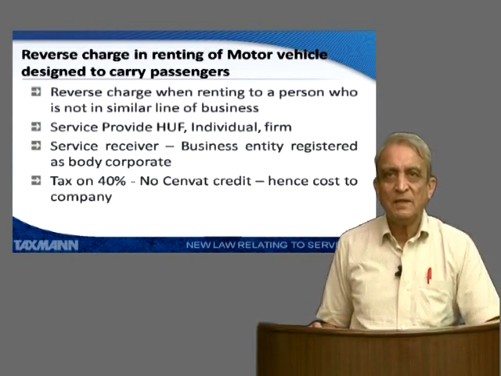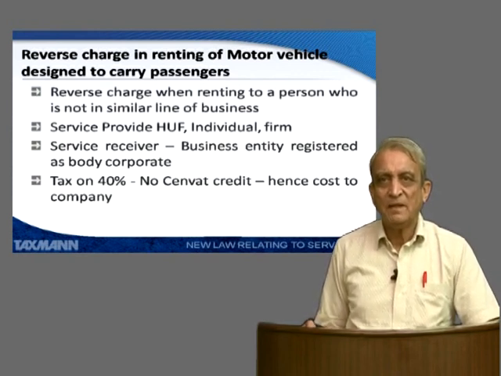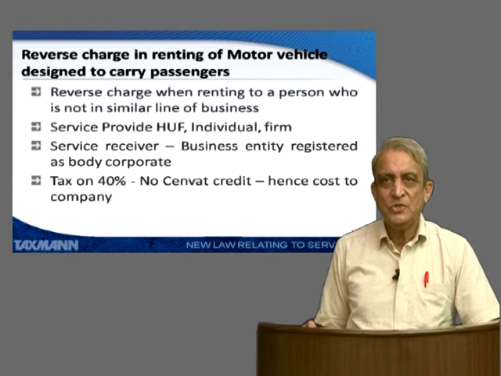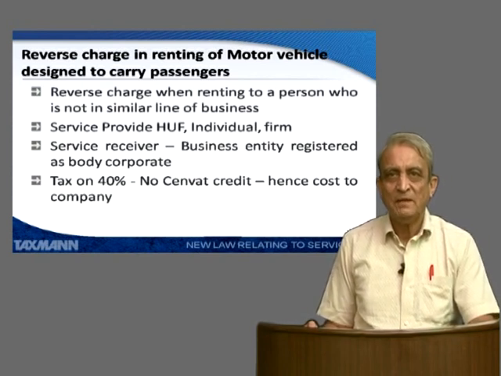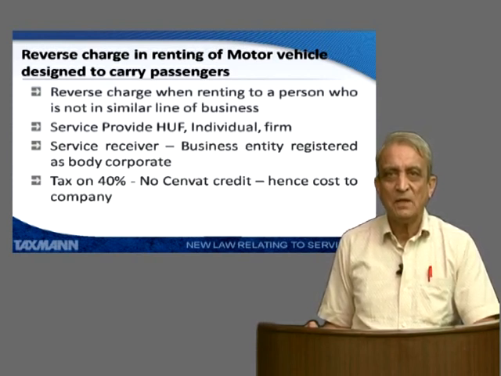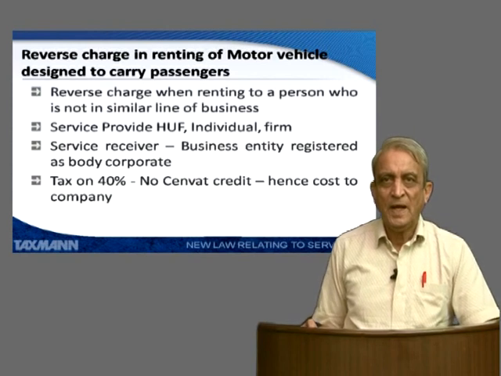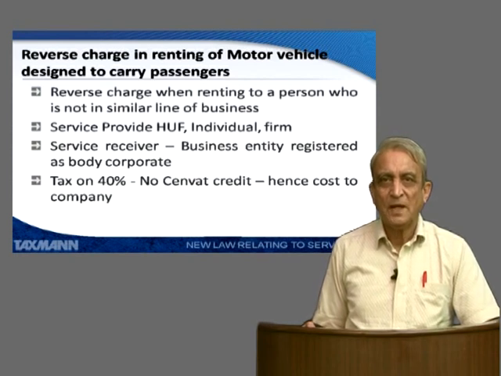Now, this reverse charge mechanism applies only when the service provider is HUF, individual or firm. That means if the service provider is a body corporate or a company, then this reverse charge mechanism does not apply. And the service receiver should be a business entity registered as a body corporate.